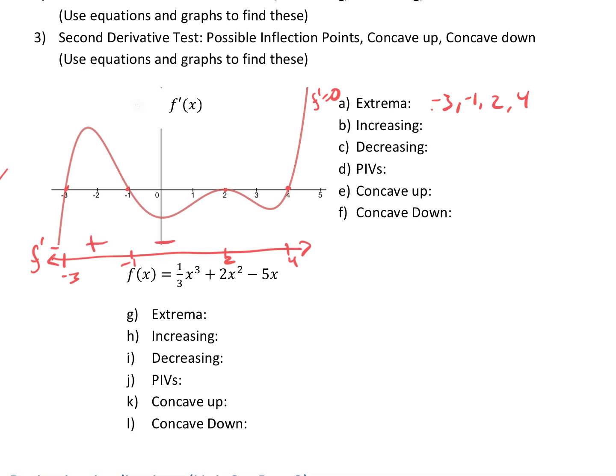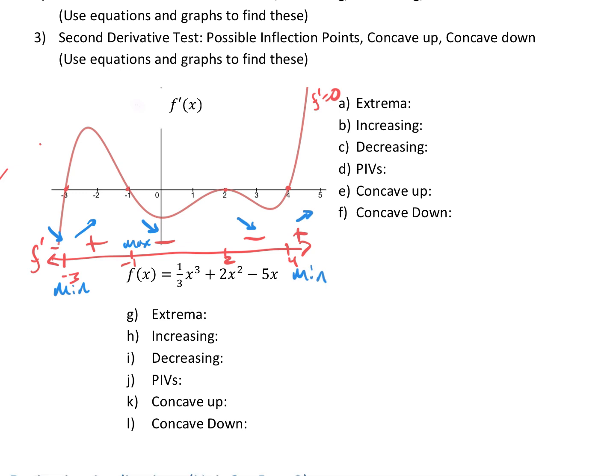It's negative because the first derivative's underneath, and positive. So that means we're going up. Nope, sorry. We're going down, up, down, down, up. So this is a minimum. This is a maximum. And 2 is neither. And 4 is a minimum.